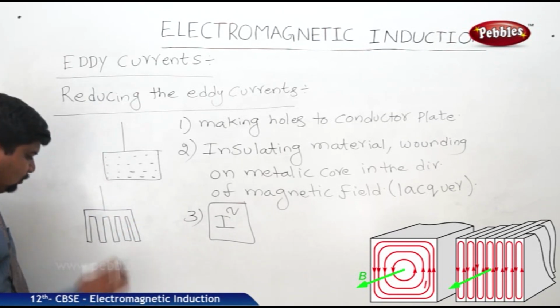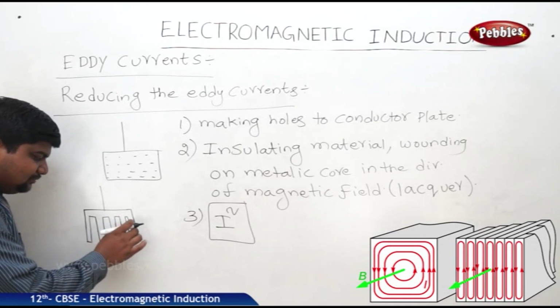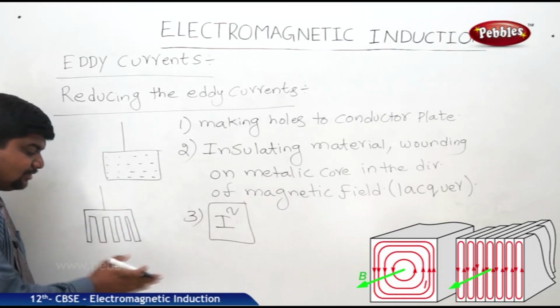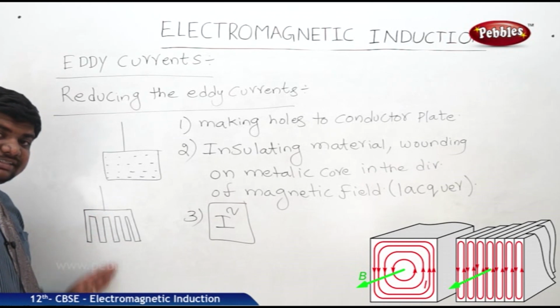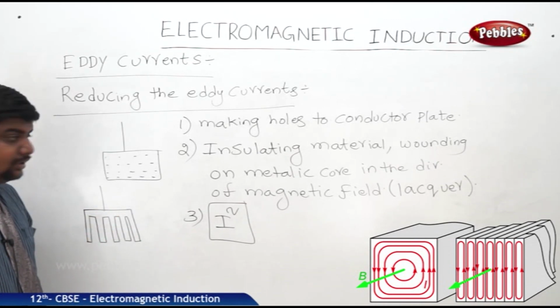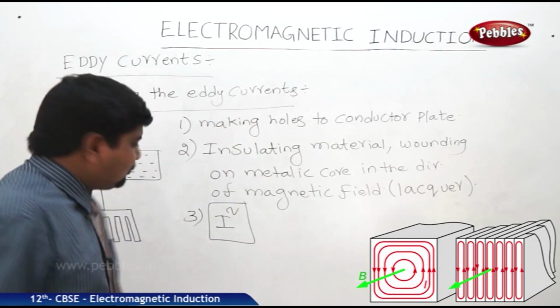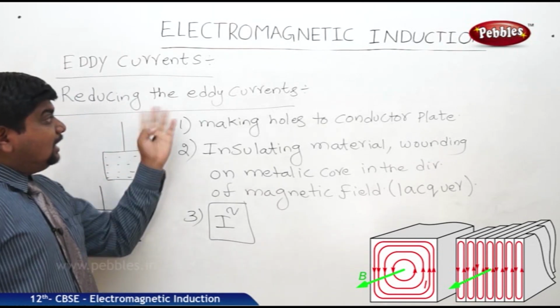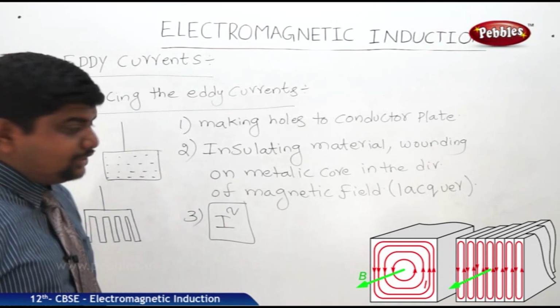Through the gaps of this zigzag, the magnetic field lines can penetrate and the eddy current strength will be reduced. If these things are not done with the metallic cores, eddy currents will be produced continuously.